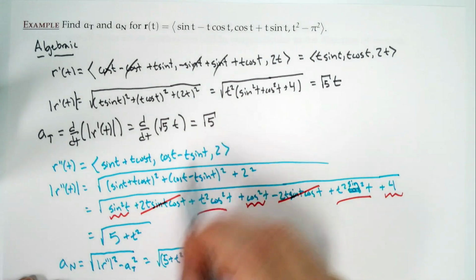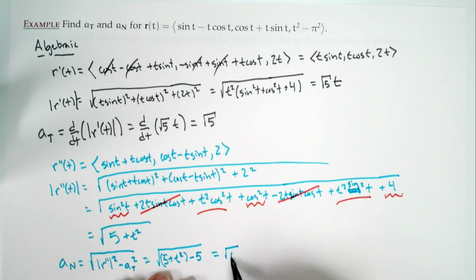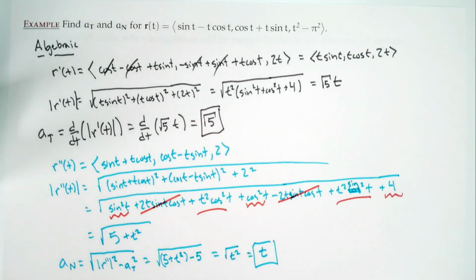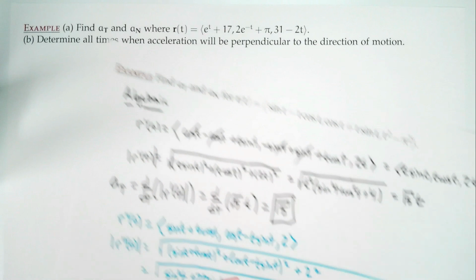Minus, well, we want to square the square root of 5, so we end up with the square root of t squared, which is simply t. So a sub t we get square root of 5, and a sub n we get is t. All right, good. We didn't have to take a dot product or a cross product. We could have, but we didn't have to.